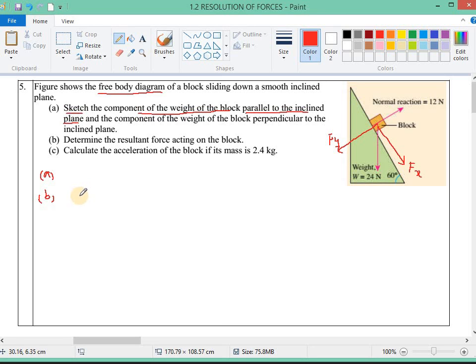So first we look for the horizontal component.